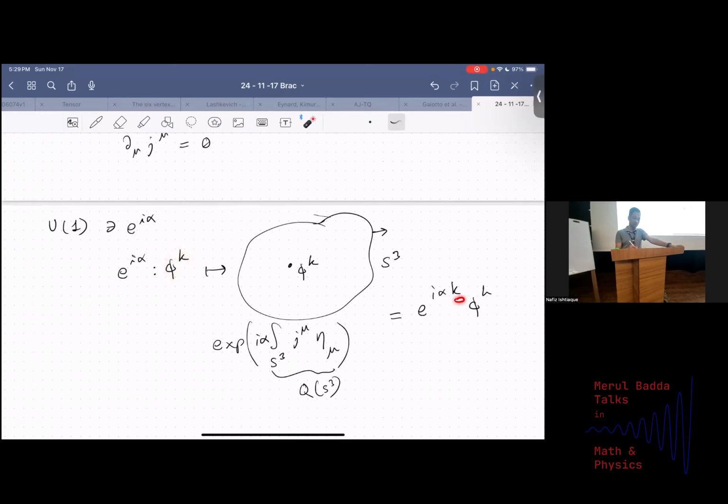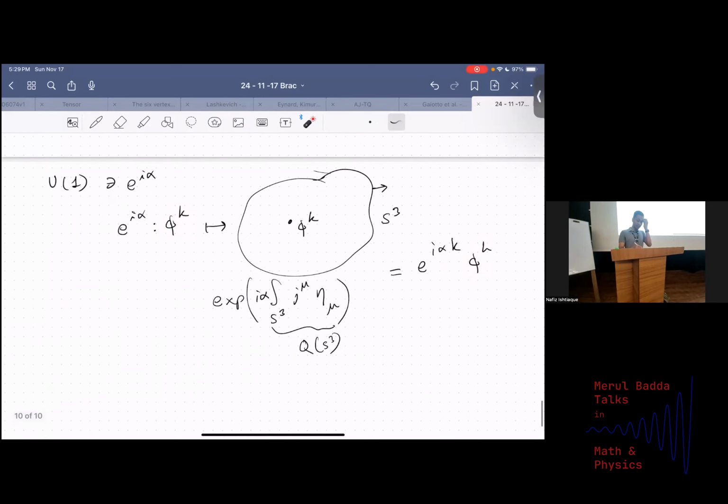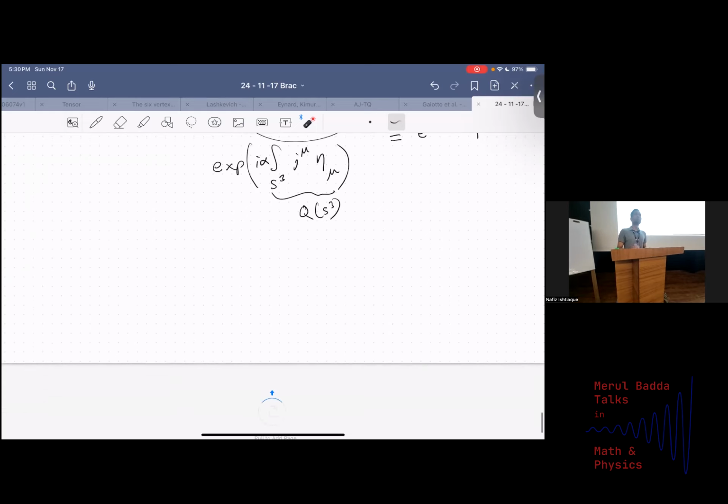So k here is the charge of this operator. This is how I'm going to think about elements of my symmetry group acting on the operators of my theory. In this case, U1 is acting on local operators. Everything's clear so far?